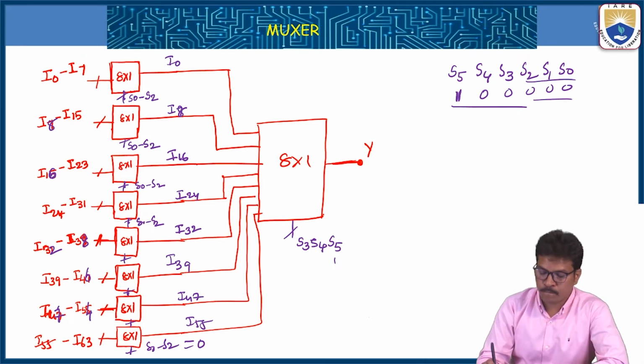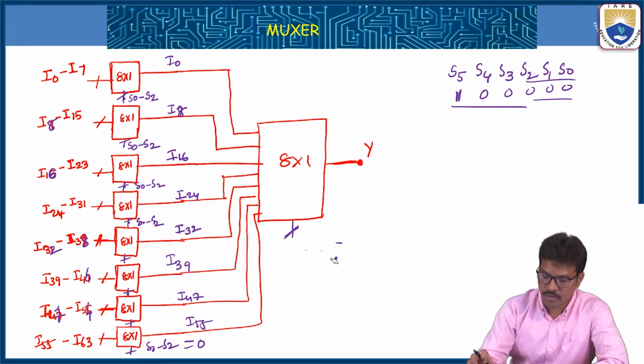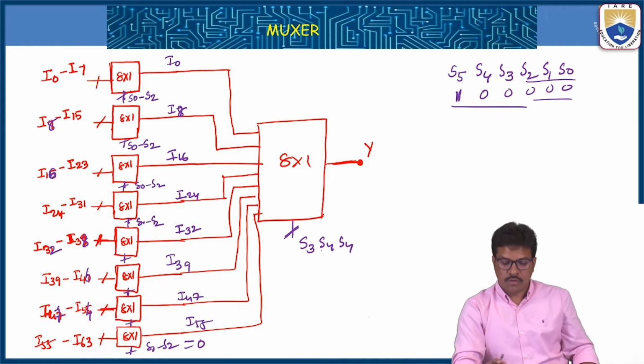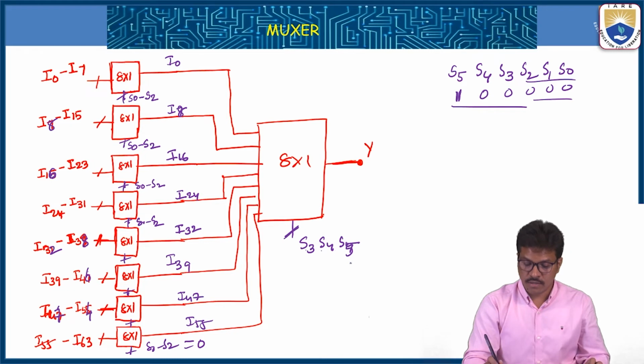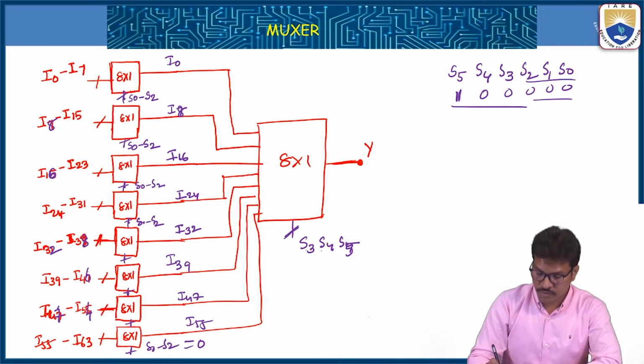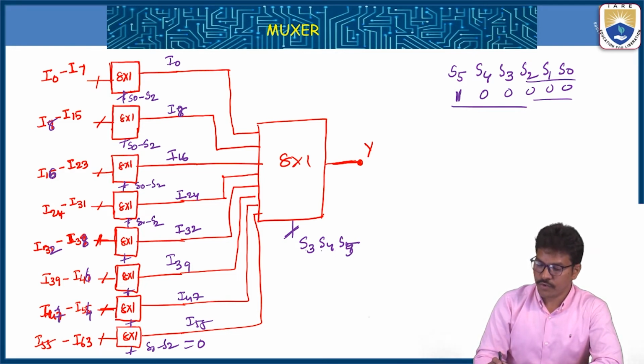Then we can take only one triple zero. S3, S4, S5: S5 equal to 0 means 0, 0, 1, 100. Then we can take that one.